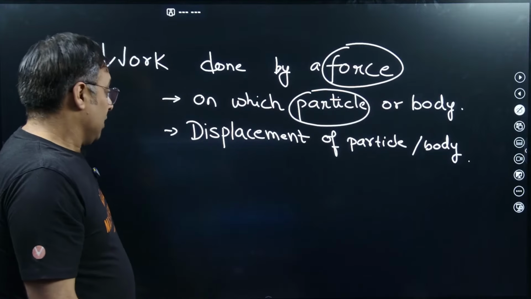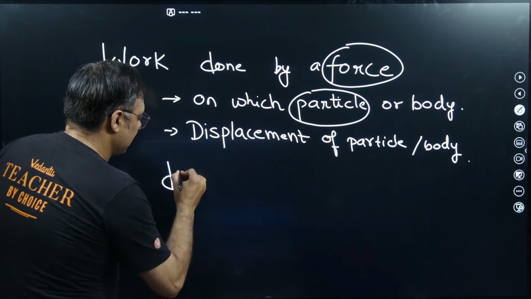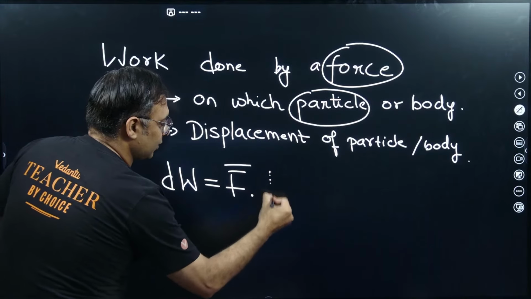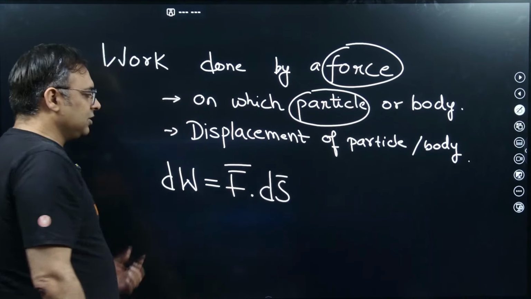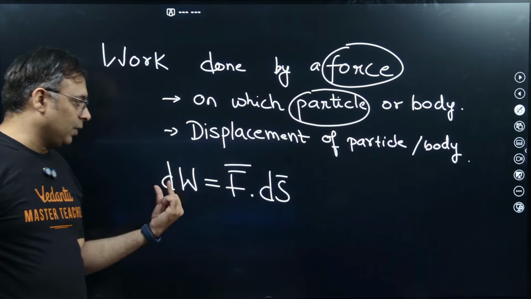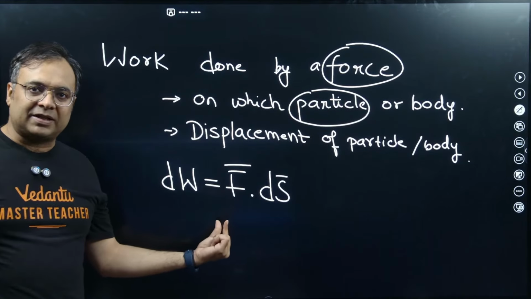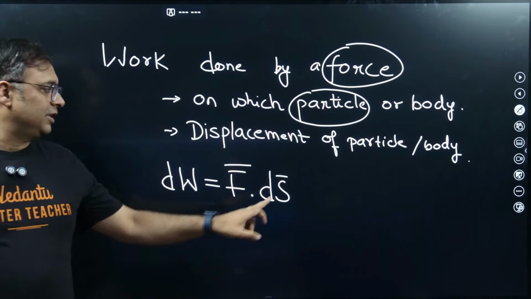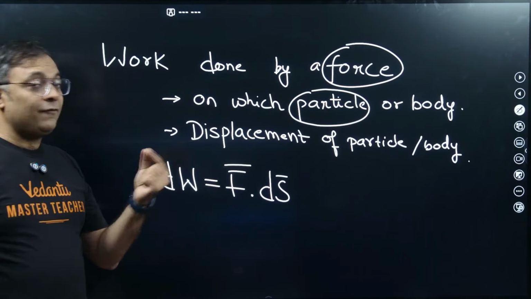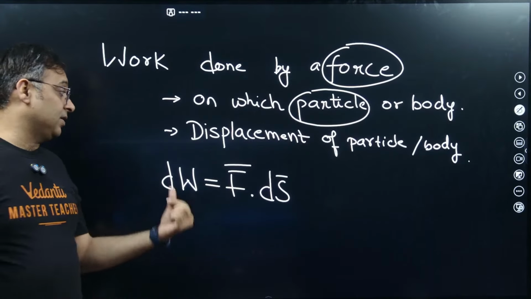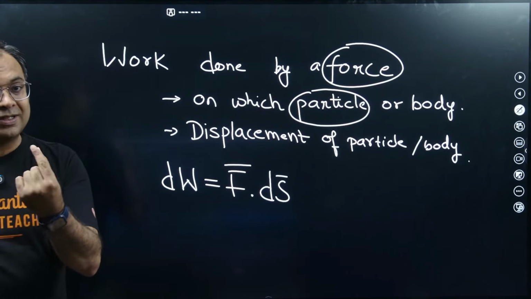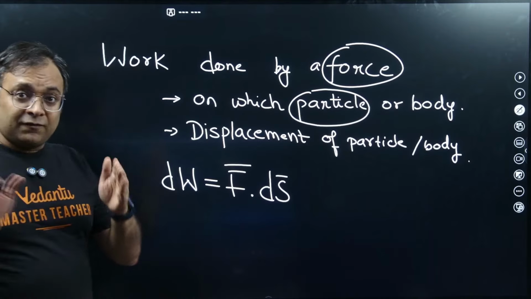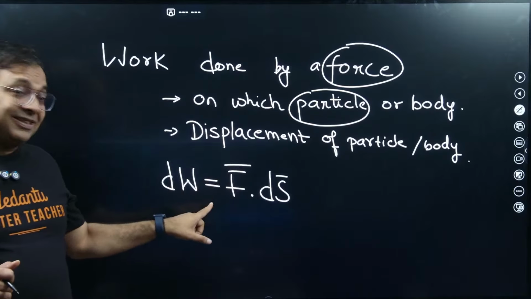Now mathematically I will say dW is equal to F vector dot ds vector. So this is the small work done due to this force vector, when the displacement is small, ds vector. So ds vector is the small displacement, F vector is that force, and dW is the small work done due to that force. This is the basic definition.